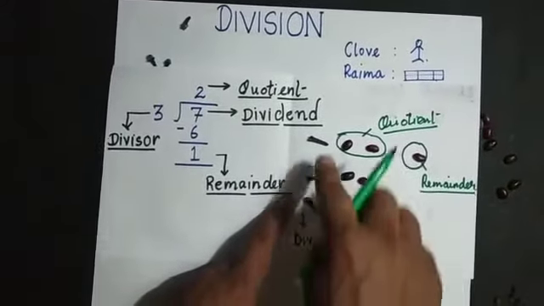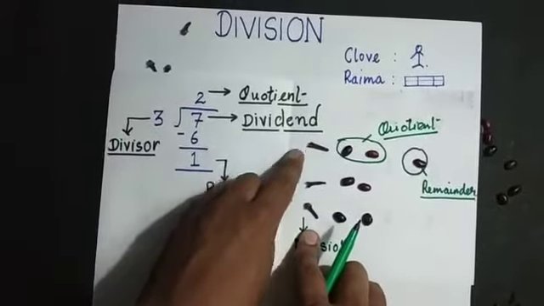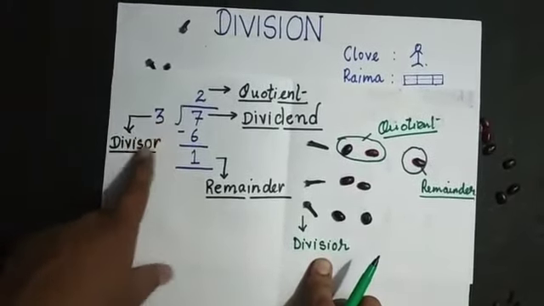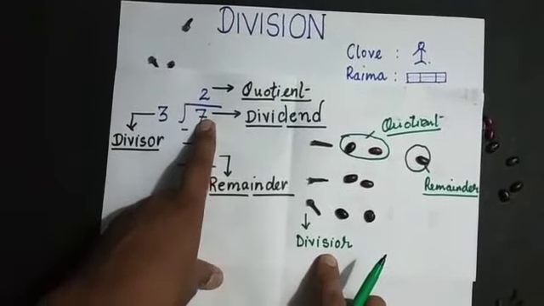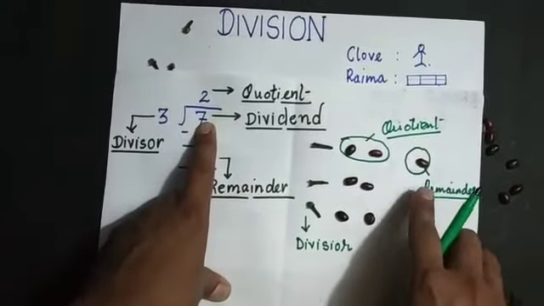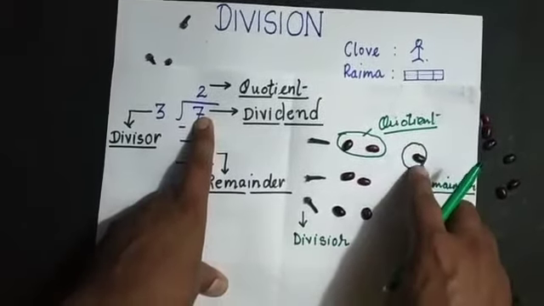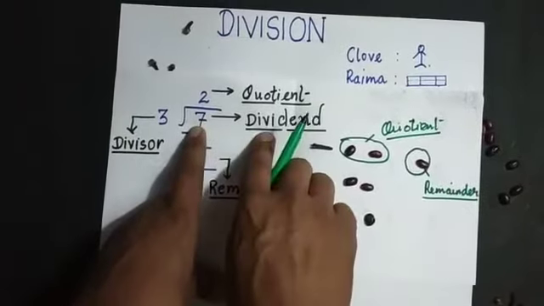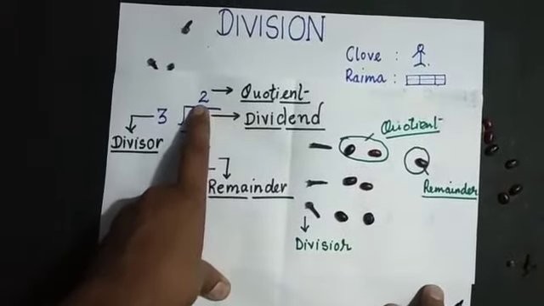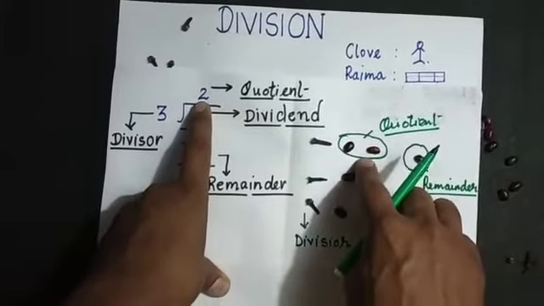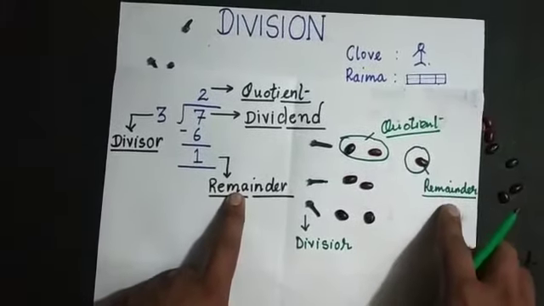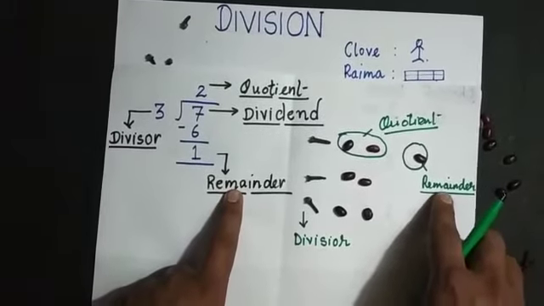Is that clear? The 7 means initially we have taken 7 chocolates, 6 plus 1, so this is the dividend. Each person gets 2 chocolates, so 2 is the quotient. And 1 chocolate is remaining, which is called the remainder.